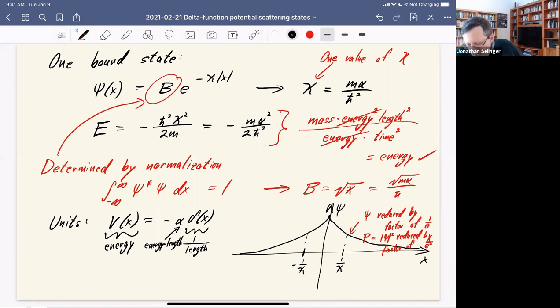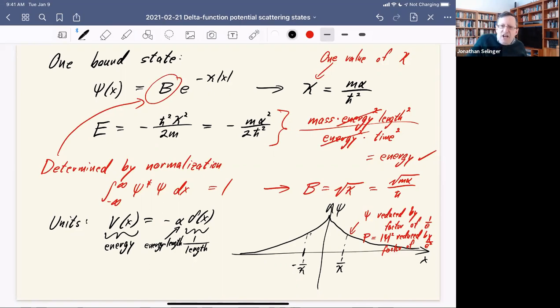So that would be like, what's the area under the probability density between those 2 points? I don't think I put that on the last homework, but I could put it on the next test. Okay, so good. So that is the bound state.